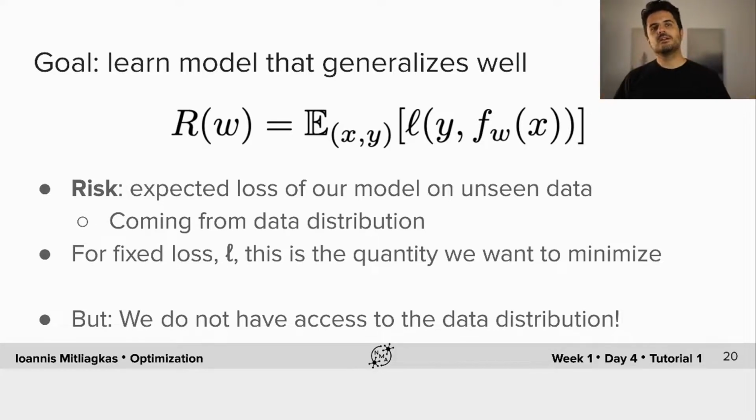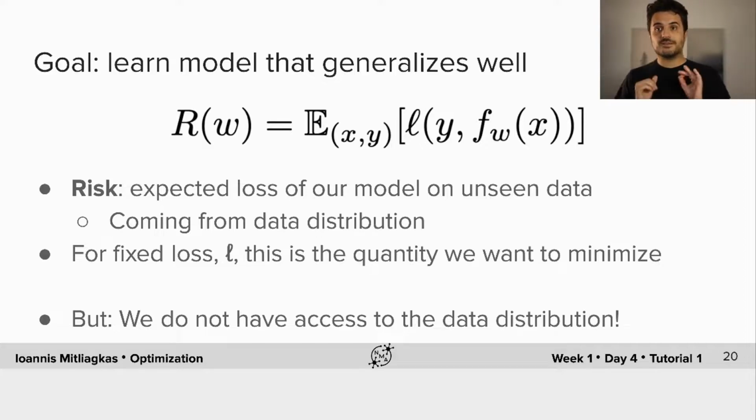So assume that we have fixed our favorite loss L. Someone told us this is the loss, or we decided that this is the loss. Then we need, ideally, to minimize risk. And what is risk? It's this quantity that you see on your screen. It's the expected loss of our model on unseen data.